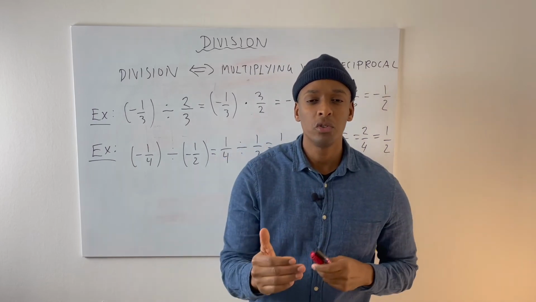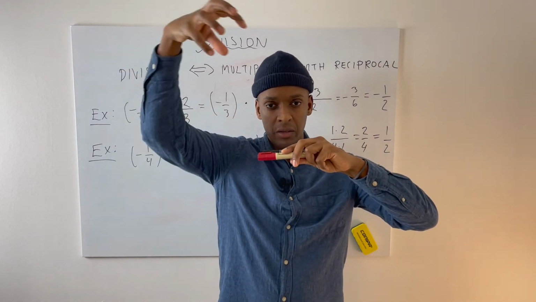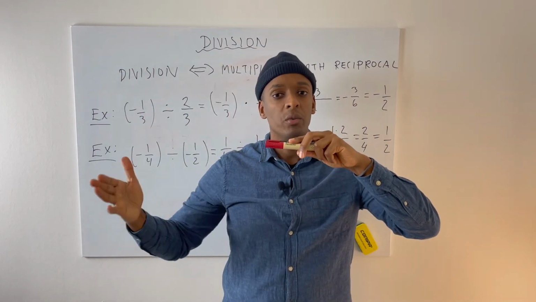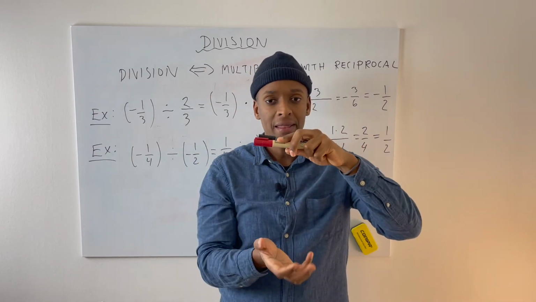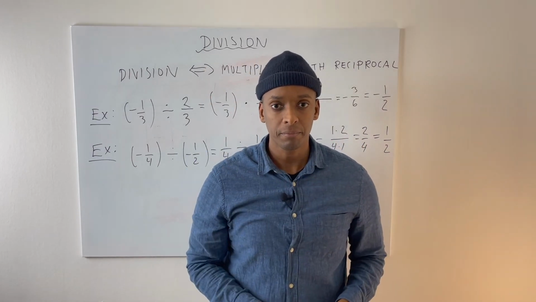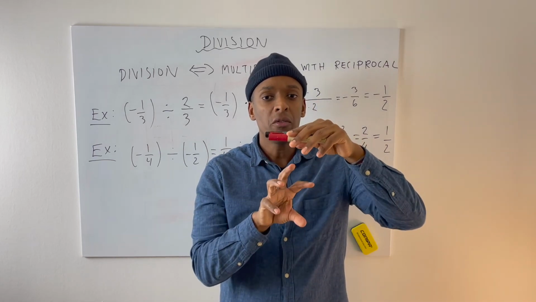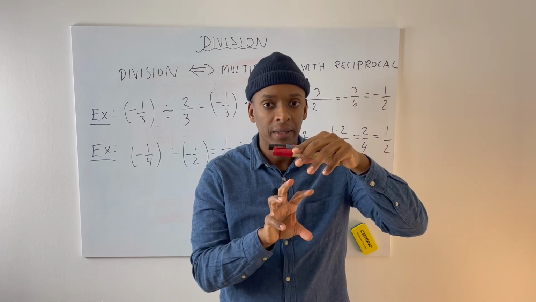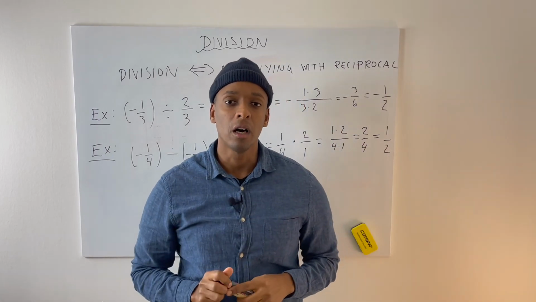Then we talked about how to deal with 0. If the 0 is on top, the result is always 0. So 0 divided by anything is equal to 0. But if the denominator is 0, that is not allowed.